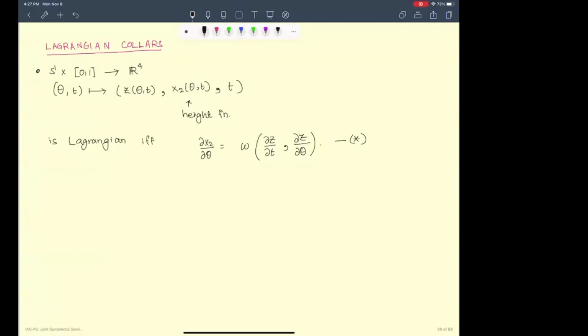So suppose you want to construct such a Lagrangian collar. It turns out that there's an easy relation. So suppose you want a collar that looks like S1 cross some interval, and you're putting it inside R4, and there's a map. The first Z is two-dimensional. And then it's Lagrangian if it satisfies some sort of PDE, which actually gives you a lot of freedom.